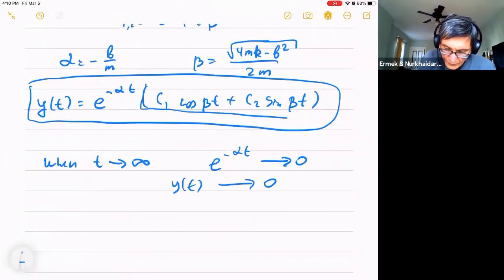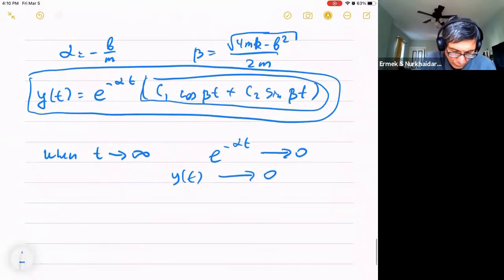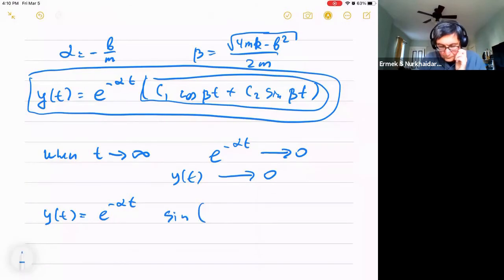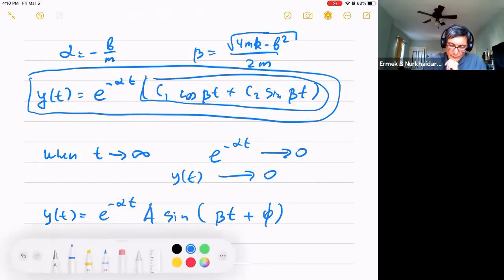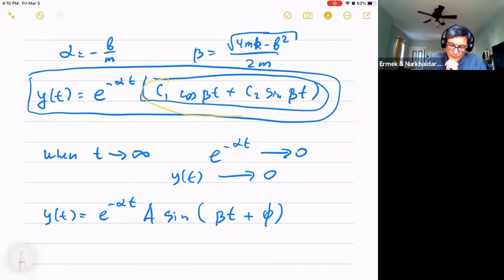If you like, we can do the same thing for this as we did before. So y of t equals e to the negative alpha t times A sine of beta t plus phi. We can do the same thing as we did earlier and rewrite it this way.